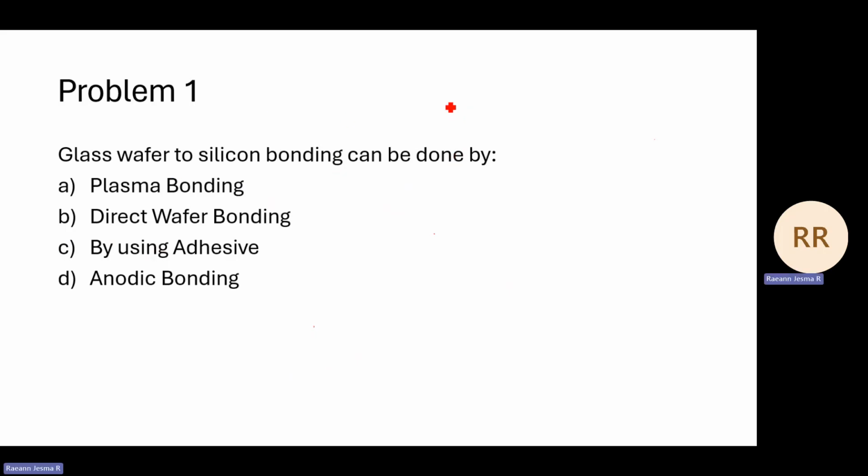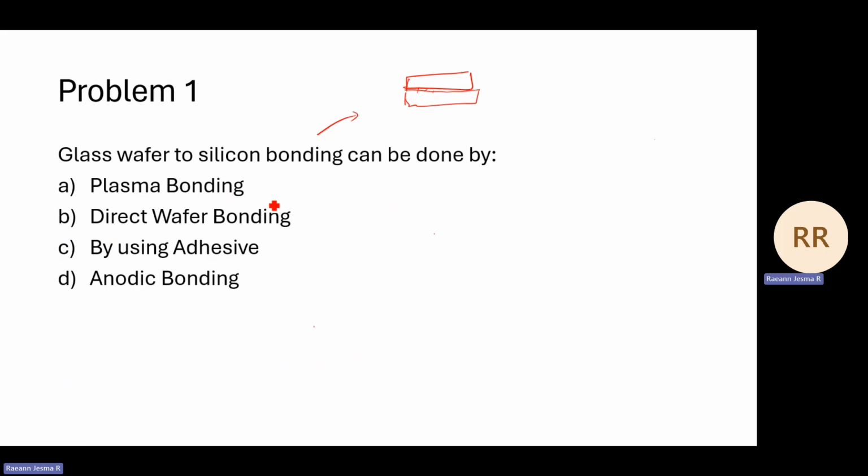Bonding is a process by which we make two surfaces, which are generally flat and clean, stick with each other so that by applying a suitable amount of force, we will not be able to break them apart. Which of the following bonding can be used for glass wafer to silicon bonding?